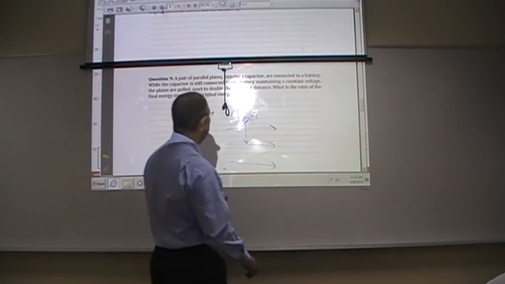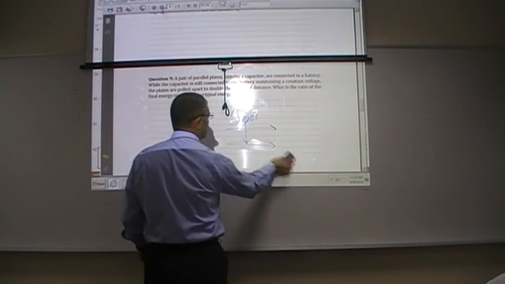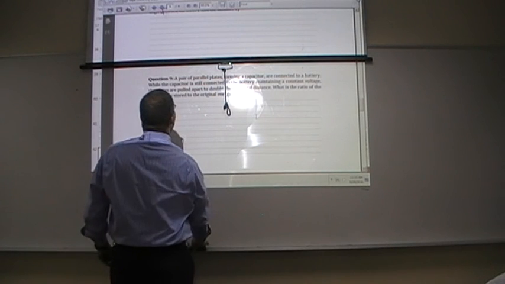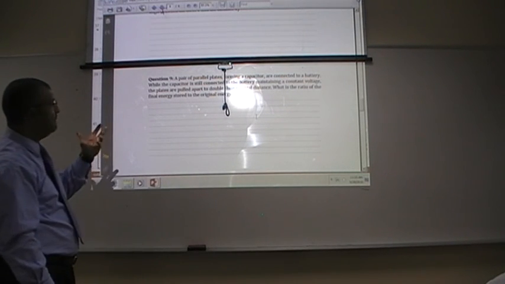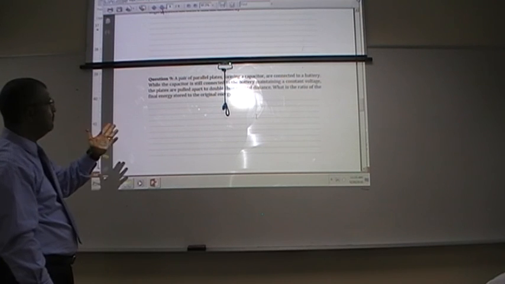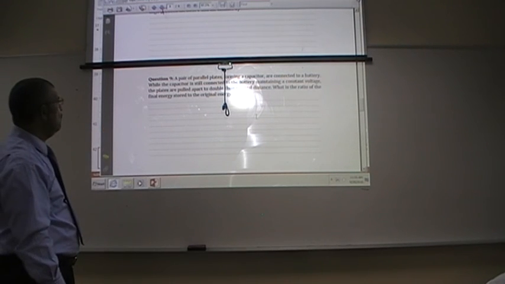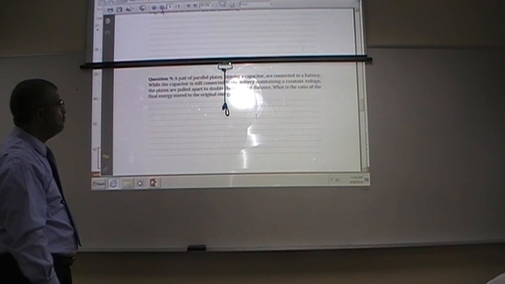Question number 9. A pair of parallel plate capacitors are connected to a battery while the capacitor is connected. The voltage pulled away. What is the ratio of the final energy stored to the original energy stored?